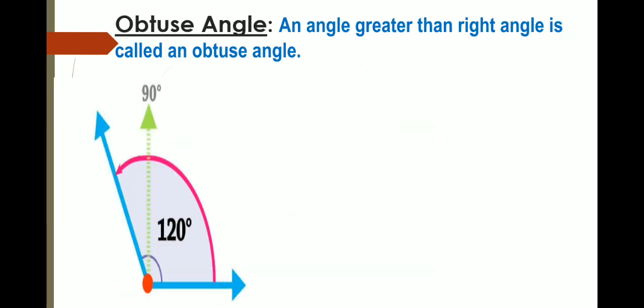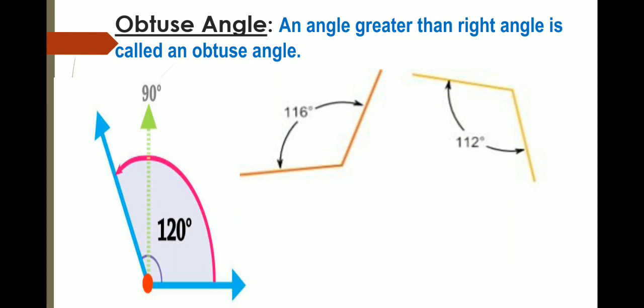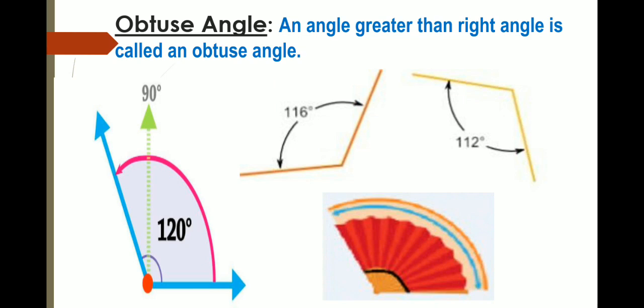Obtuse angle. An angle greater than a right angle is called an obtuse angle. 120 degrees, 116 degrees and 112 degrees are obtuse angles. One real life example of an obtuse angle is a hand fan.